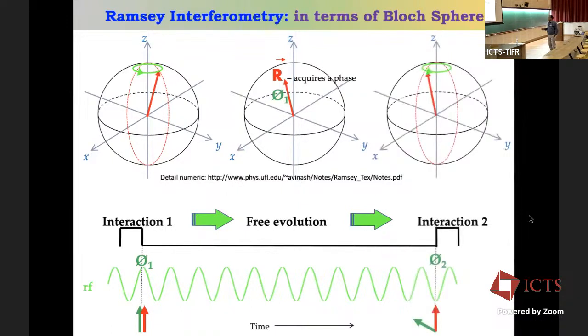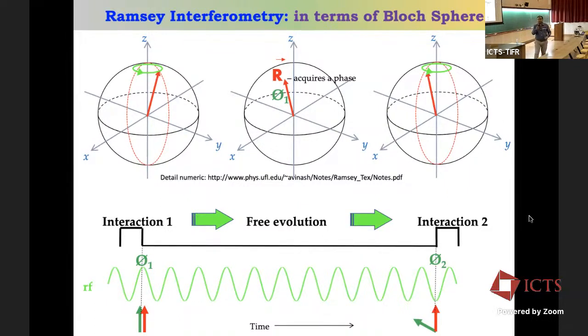In the next interaction zone, the microwave will appear at a different phase, let's say phi 2, but the atom keeps in its memory that phase phi 1. So due to this phase difference between the atoms and the microwave where it is interacting, this will give you an interference effect. Interference effect is nothing but the phase difference.